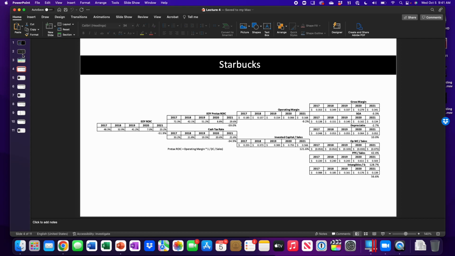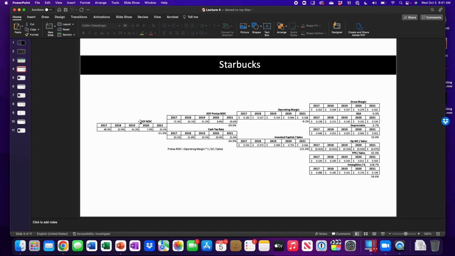So this ROIC tree, you can see it here, it says EOY ROIC. This one's based on end of year ROIC. Okay? So in your previous assignment, I asked for BOY, beginning of year ROIC, current year NOPLAT divided by previous year's invested capital. This tree is based on current year NOPLAT divided by current year invested capital. Okay? So that's what EOY stands for.